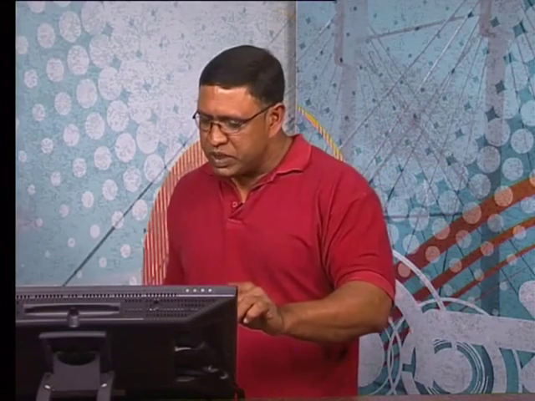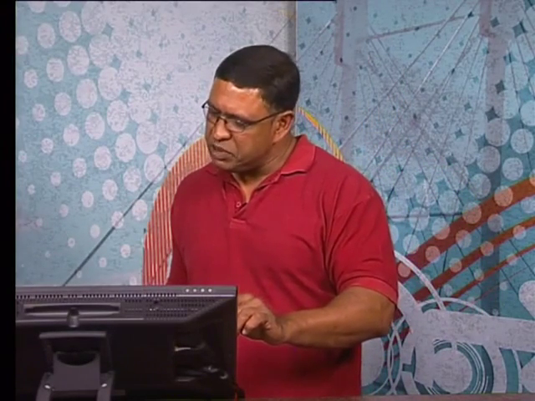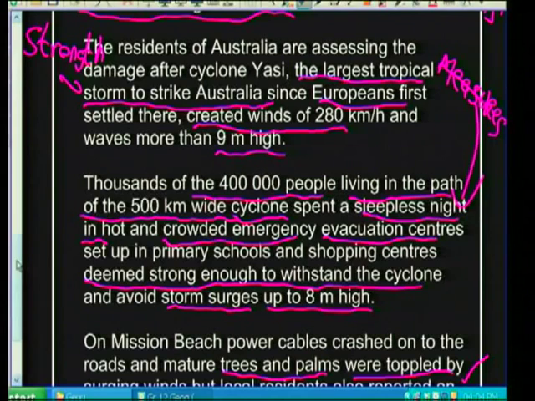Also, we looked at this part I found that could be used. They actually crowded in emergency evacuation centers in primary schools deemed strong enough to withstand the cyclone, which tells us that the buildings are strong. Why would they spend so much money building these strong buildings if they're not going to be affected by strong, devastating winds of the tropical cyclone?